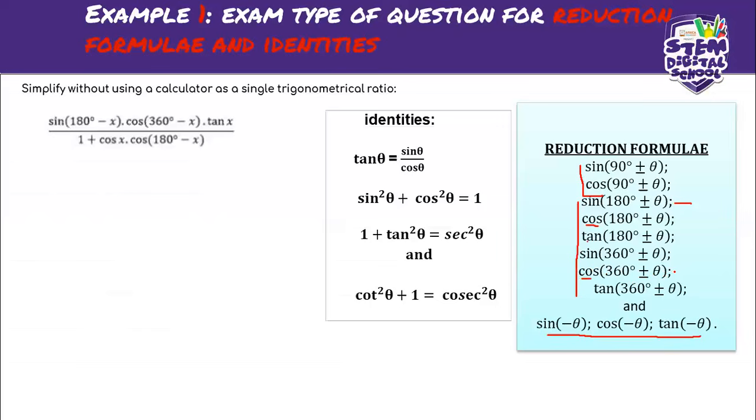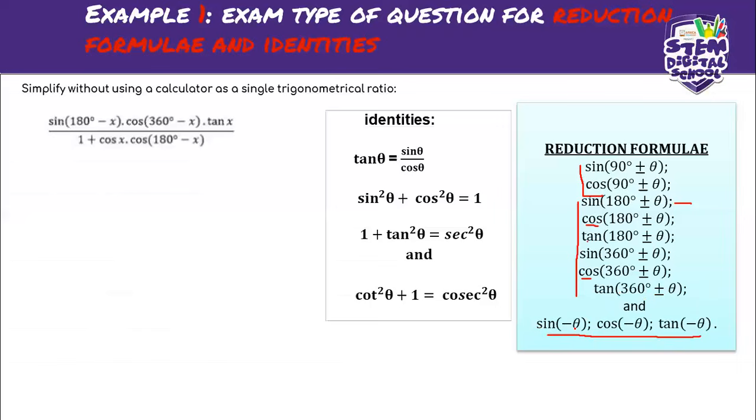Positive. Hence we are having positive cos theta. The last one, tan into 360 plus theta. Which quadrant? First quadrant. How is tan in the first quadrant? Positive. The answer is positive tan theta. Tan 360 minus theta. Which quadrant? Fourth quadrant. How is tan? Is negative in that quadrant. Then our answer is negative tan theta.